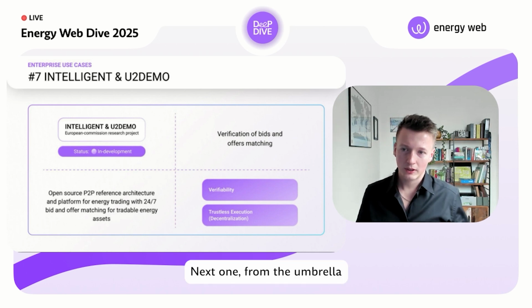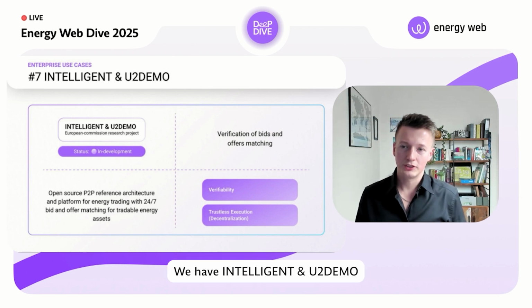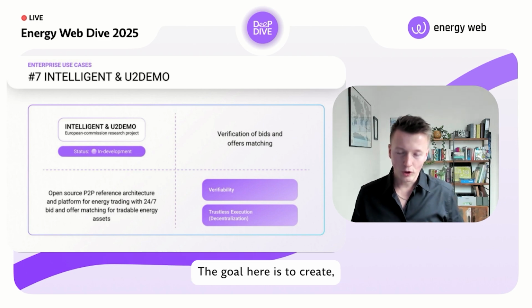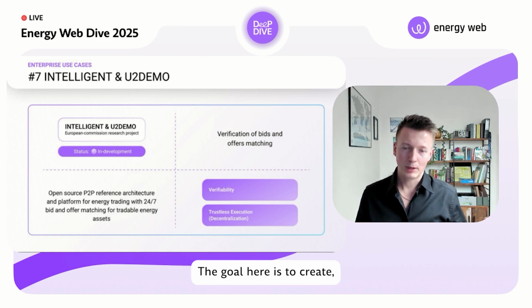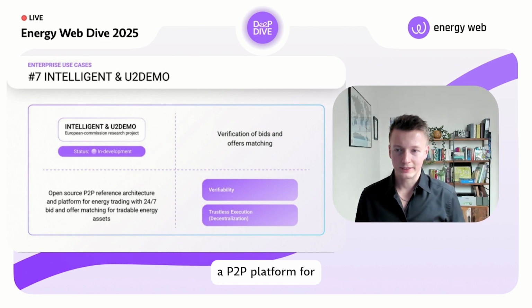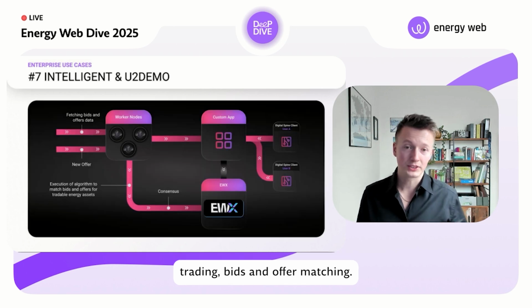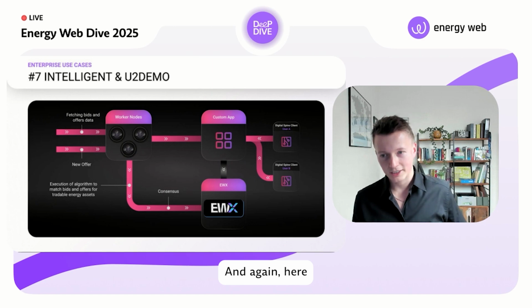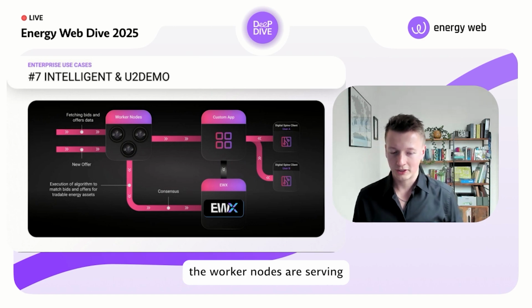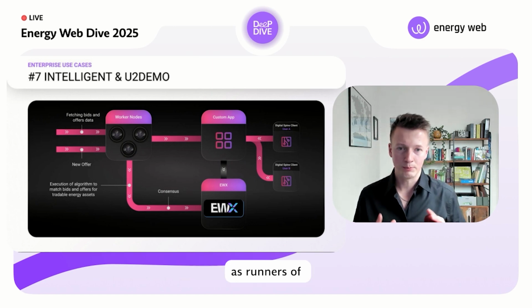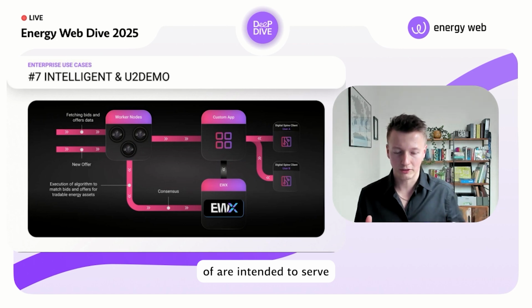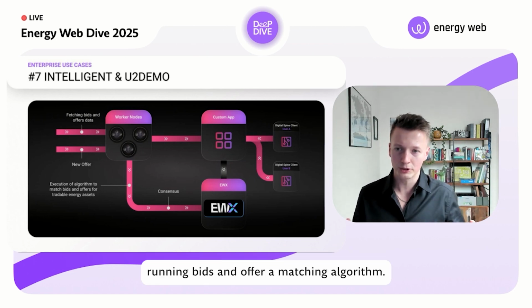Next one, from the umbrella of European projects, we have Intelligent and U2 Demo. The goal here is to create a P2P platform for tradable energy assets trading on bids and offer matching. And again, here the worker nodes are intended to serve as the runners for the bids and offer matching algorithm.